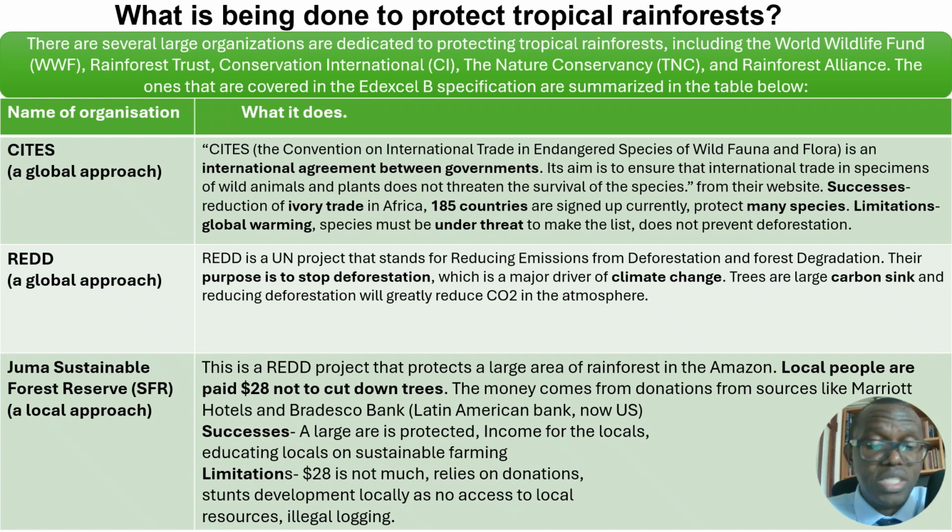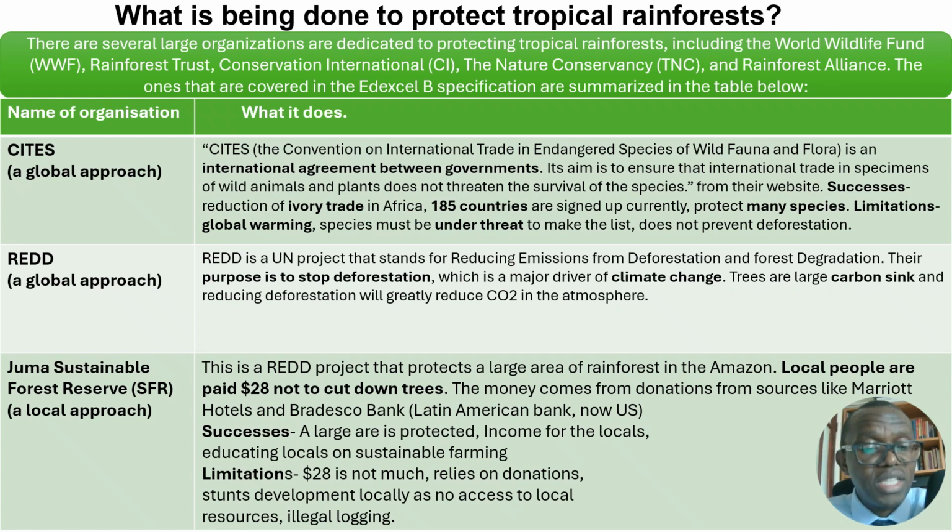So this is specifically local to the Amazon. Local people are paid $28 not to cut down trees. The money comes from donations from sources like the Marriott hotels and the Bradesco Bank, which is a Latin American bank, but is now based in the US.